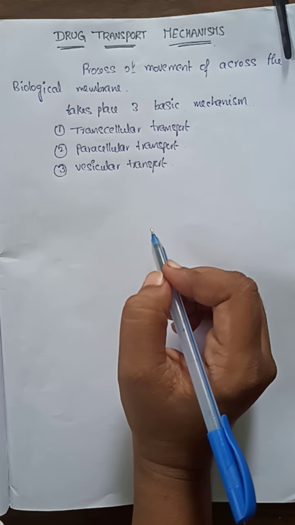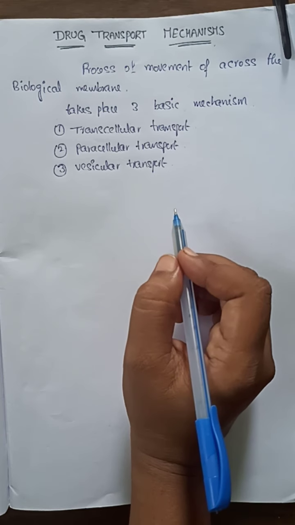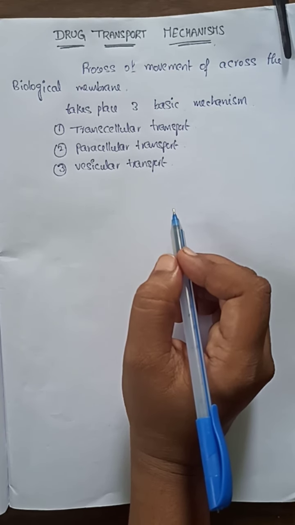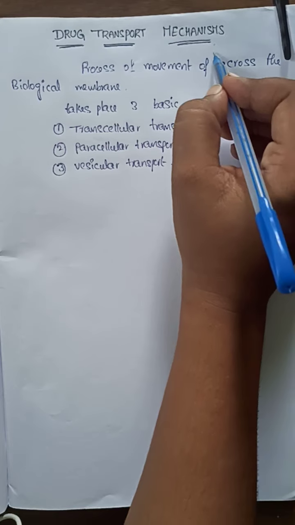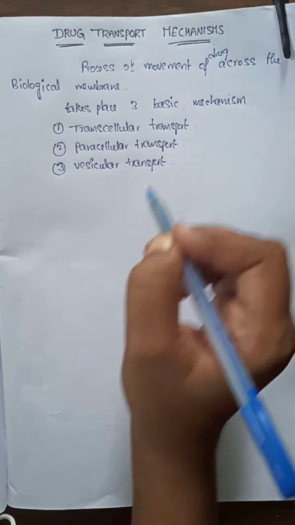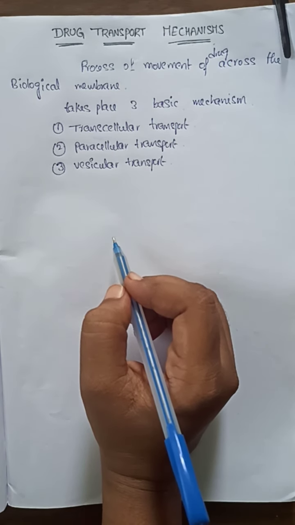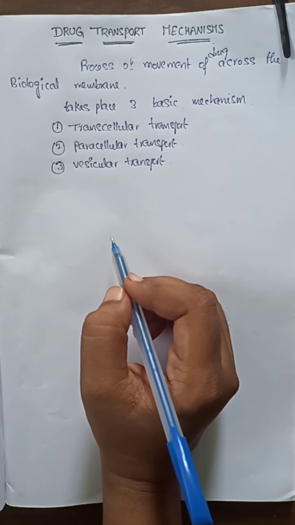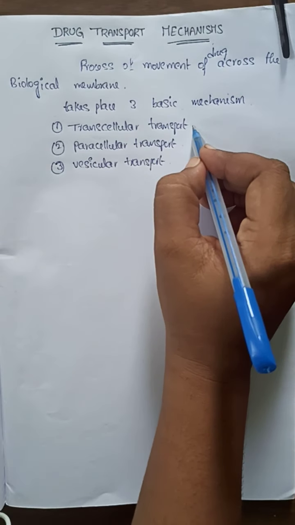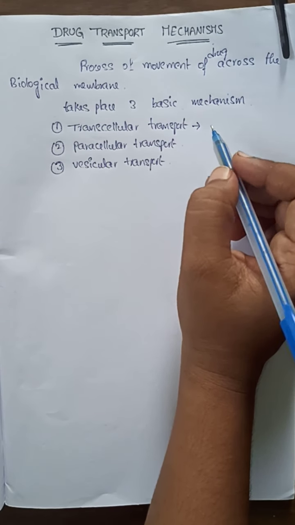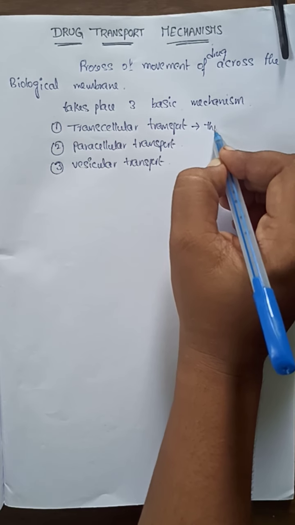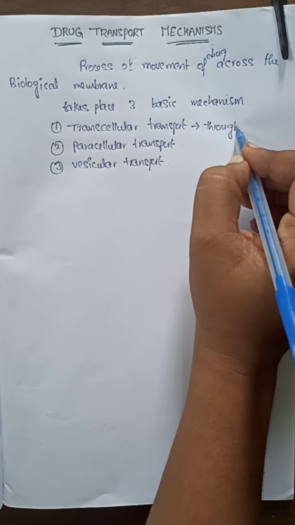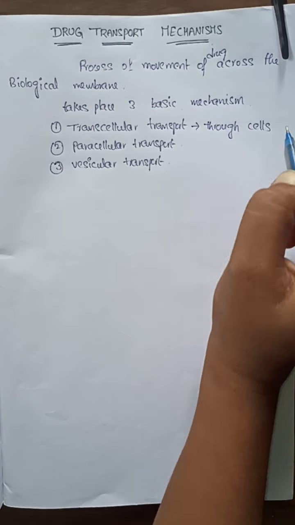The process of movement of the drug across the biological membrane is known as drug transport, and it takes place by three basic mechanisms: transcellular transport, paracellular transport, and vesicular transport. Transcellular transport means the passage of the drug through the cells, across the epithelial cells.